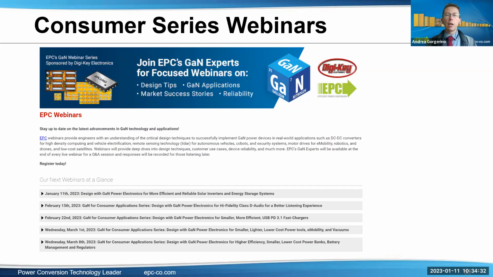They should be coming out. But if you look on our website, we also have several IC recommendations for synchronous rectification that are meant to be utilized with the GaN FETs. So you can build it yourself by using one of these ICs and one of these GaN FETs. I hope this answers the question.